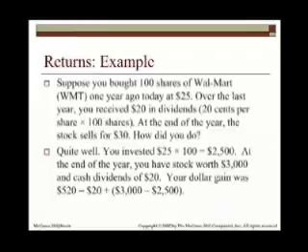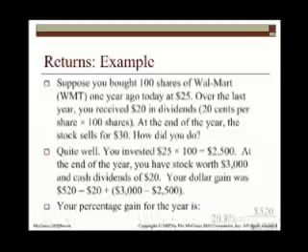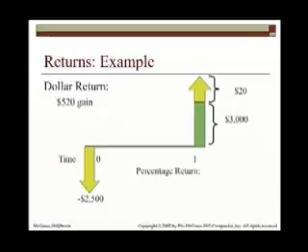Your investment is now worth $3,000, and you got a cash dividend of $20. So your dollar gain would be $500, that would be the capital gain, plus $20, or $520. If we divide that by the initial investment of $2,500, you see that you got a return of 20.8%. So there is putting some numbers into the graph we had previously.